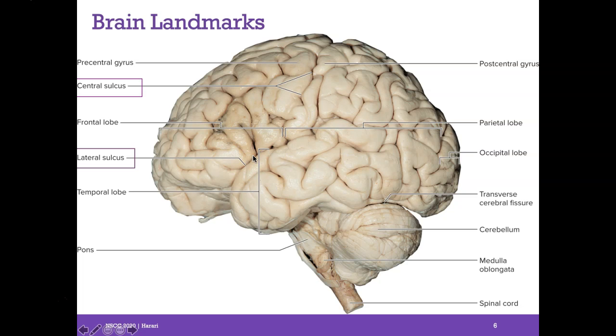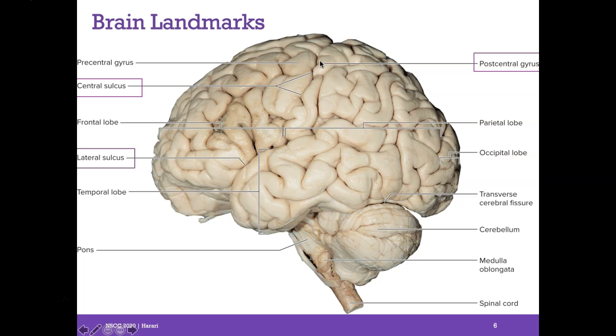The lateral sulcus is over here. So the lateral sulcus marks where the temporal lobe is compared to where the frontal lobe is, and I'll talk about that in just a second. You have two gyri that are on either side of the central sulcus. You have the post-central gyrus.